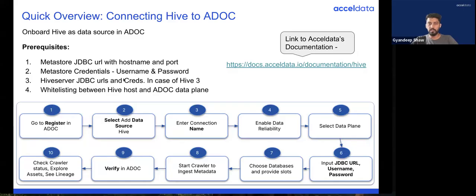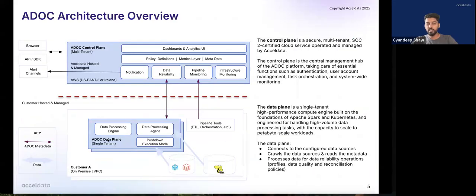What do I mean by that? This is going to be a new cluster or maybe a shared cluster, right? And a new communication has to be established between this Kubernetes cluster and the Hive data source. We have seen with many customers that there is always a firewall around the data sources, around the data, right?